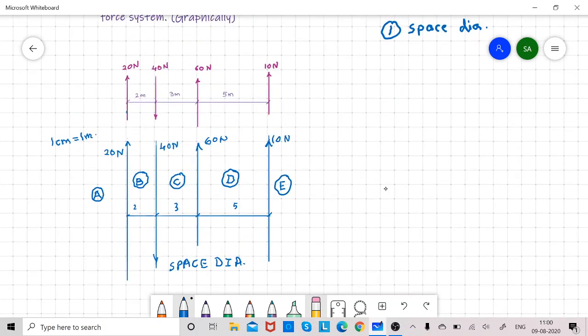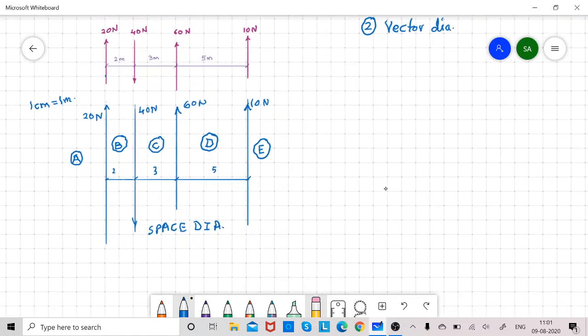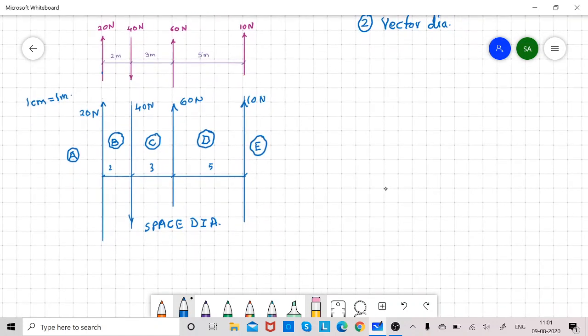Now the second step is to draw a vector diagram. In this, we select a scale to draw the force lengths. So here I will select a scale: 1 centimeter is equal to 10 Newton.